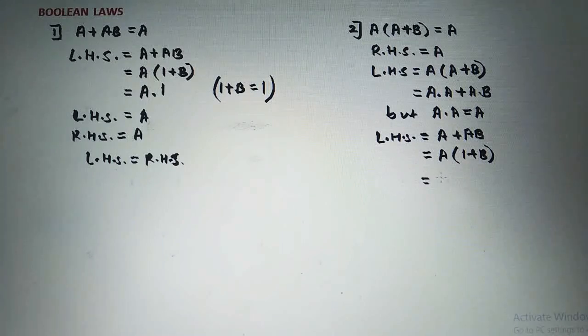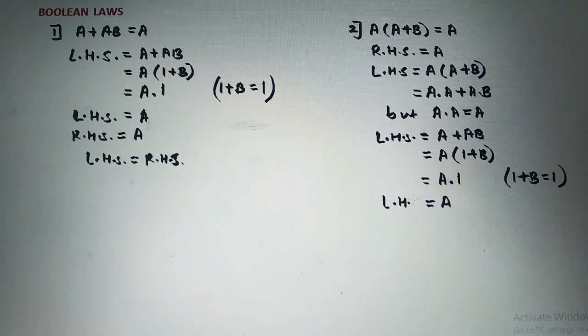Now we can write a dot (1 plus b), and in bracket we are using the OR law, that is 1 plus b is equal to 1. Now a dot 1 according to AND law is equal to a.